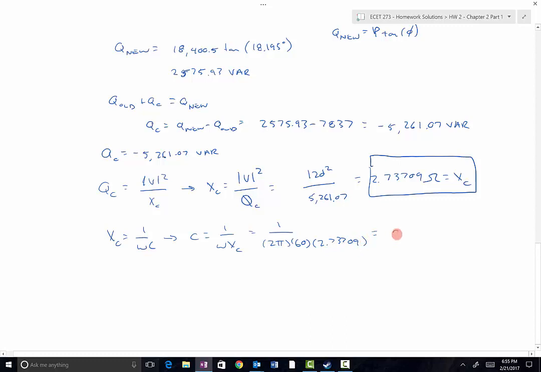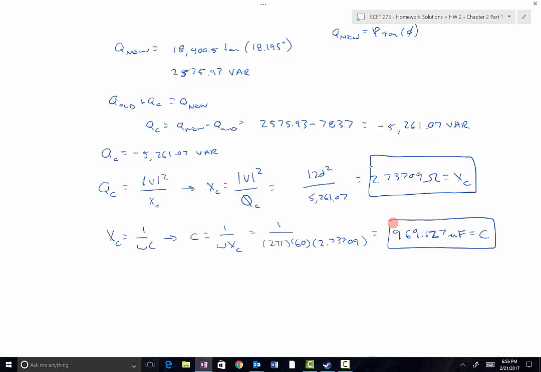And I'm going to get a value of 969.127 microfarads equals the value of the capacitor that I want to put in there to correct the power factor to 0.95.